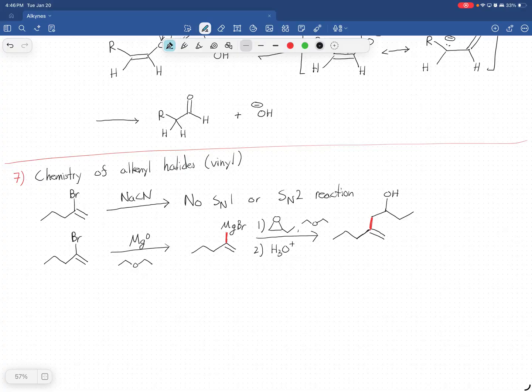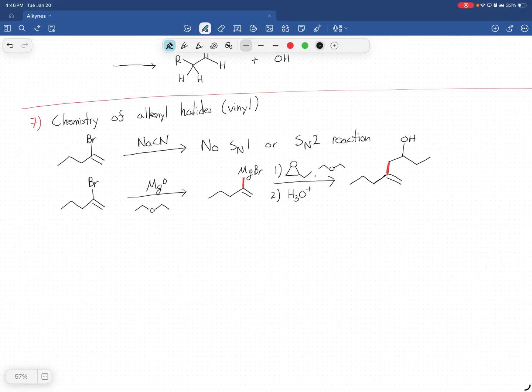Okay, so let me explain why SN2 and SN1 don't work for these types of molecules. Let's bring up this reaction right here. We have a double bond here, and here's my Br. Remember, there are certain orbitals that need to align, so let me draw a few here.